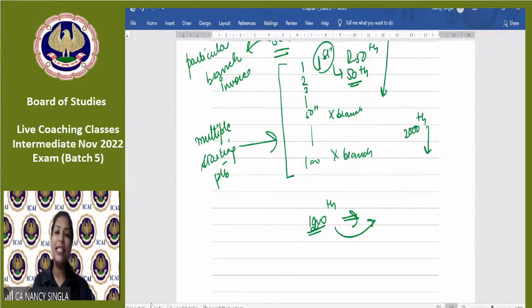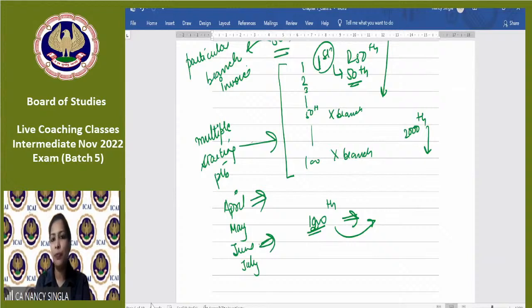Okay, or let's say the auditor decides that with every alternate month I will be conducting the checking on a sampling basis. Another example, April, May, June, July. So the auditor says that every alternate month I'll be taking up the invoices for checking. But it so happens that accountant X is making the invoices in April and June, and accountant Y is making the invoices in May and July.